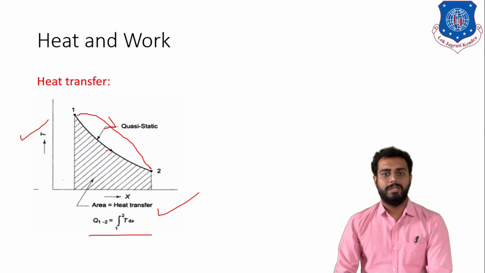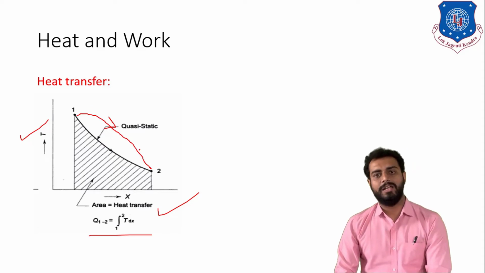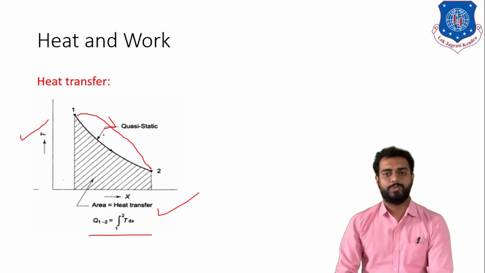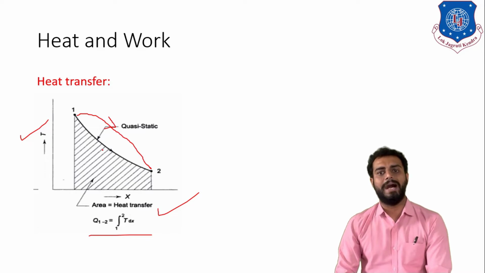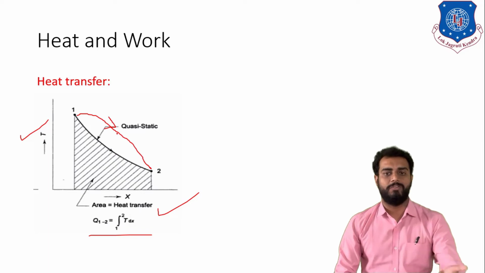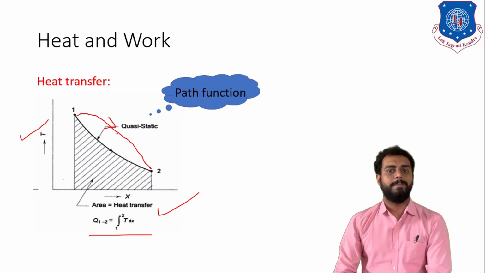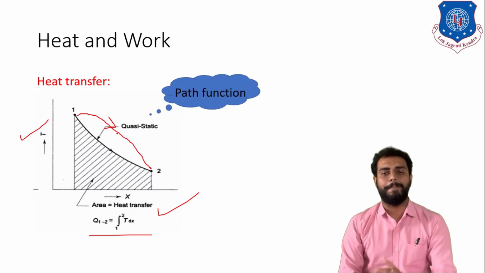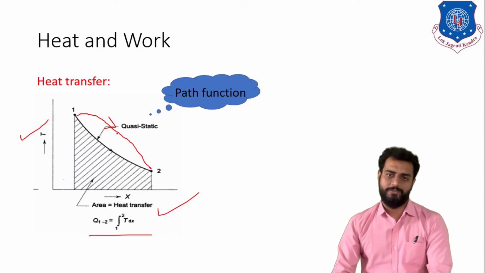One path has a smaller area and the other path has a larger area. So heat transfer during these two paths is different. So heat transfer is also a path function. And the functions which are not dependent on the path will be called point functions.